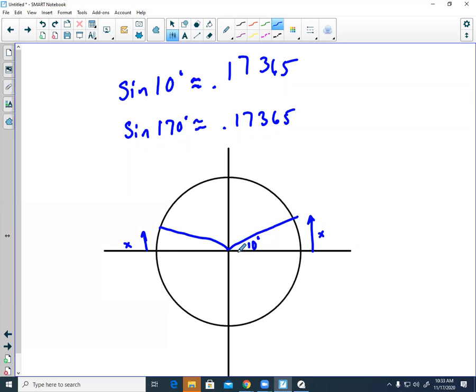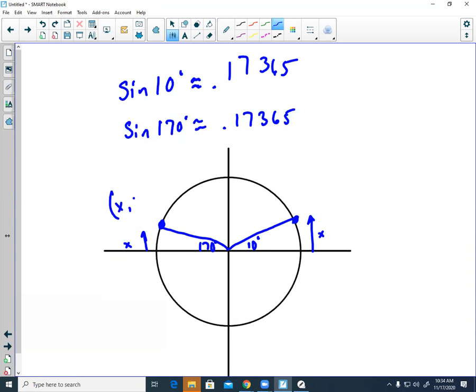So this would be 10 degrees off of the x-axis, but that would be 170 degrees. Because these two are the same height away from the x-axis, they're going to have the same y value. Since sine is talking about the y value, it should be the exact same number.